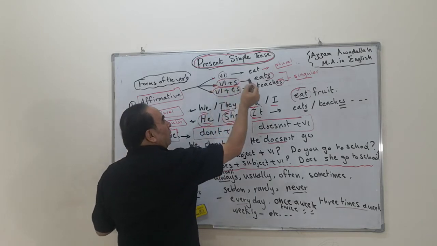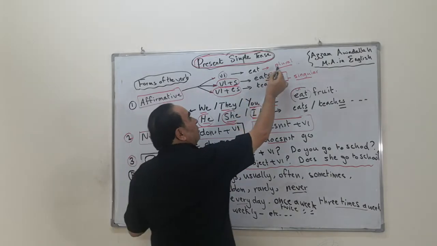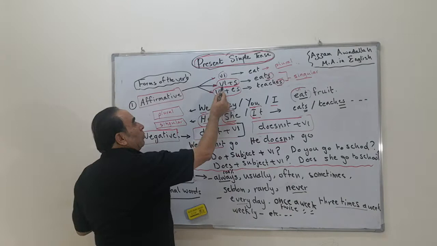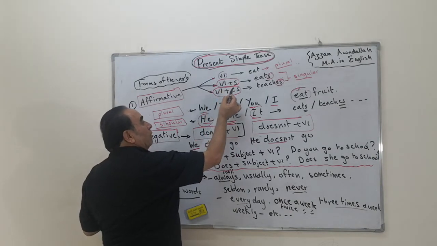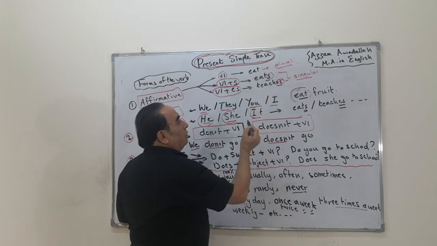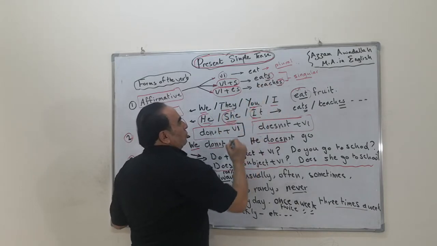Verb 1 like eat, go, read, they represent plural. Verb 1 plus s or verb 1 plus es, they represent singular, only one. Eats, teaches.